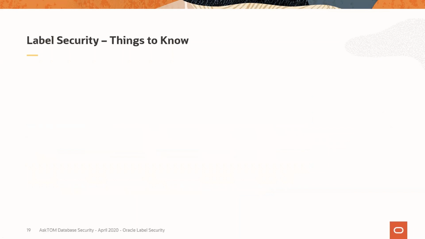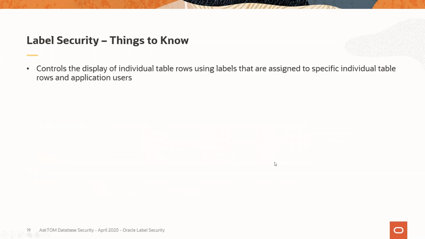So some things to know about label security. It controls the display of the table rows using the labels. Each row has a data label. It's a hidden column, so your application doesn't need to be changed, and it allows you to apply it to the sensitive data in a particular table.